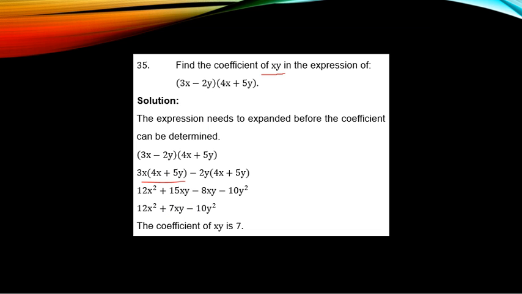Example 35. Find the coefficient of sy in the expression of 3s minus 2y in bracket 4s plus 5y in bracket. If you look at the expression, there is nothing like sy there. The product of sy is not there. So you have to expand the expression to know if sy is present or not.